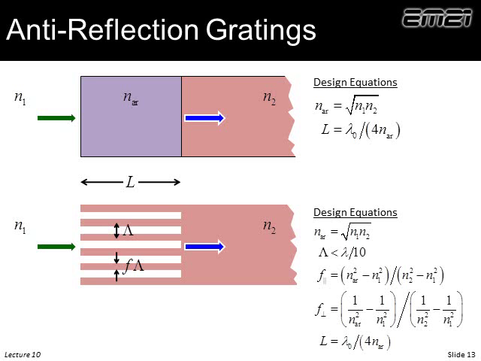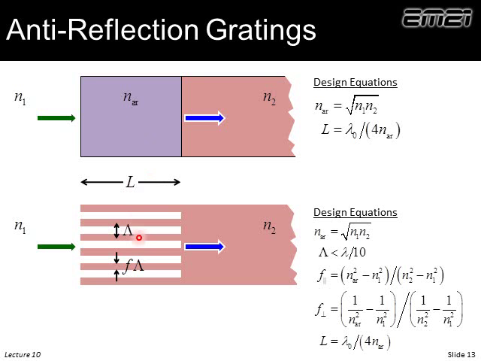Okay, so at the top here is another drawing of our anti-reflection layer. Let's say we're going from medium N1 with refractive index N1 to medium with refractive index N2. We will stick a layer that has some refractive index that we know is the square root of the product of the two refractive indices, N1 and N2, and a quarter wavelength. Well, what if we don't have this refractive index?